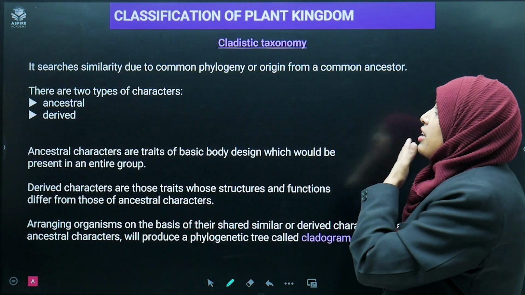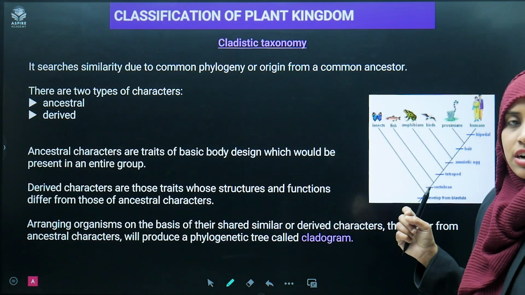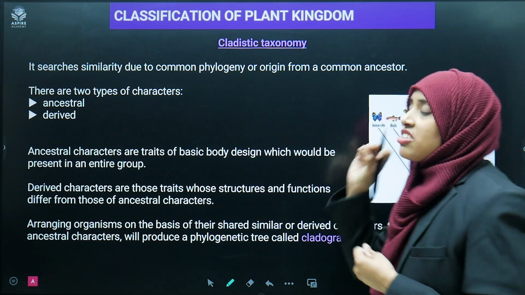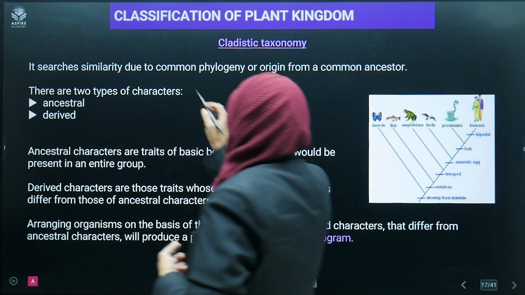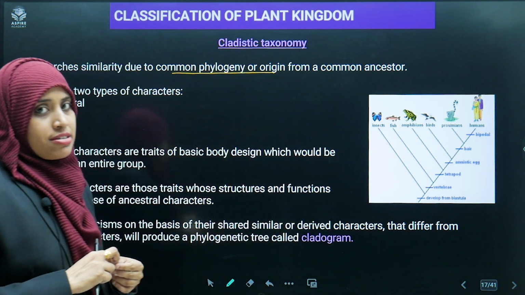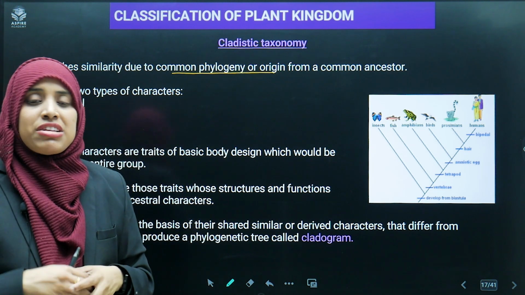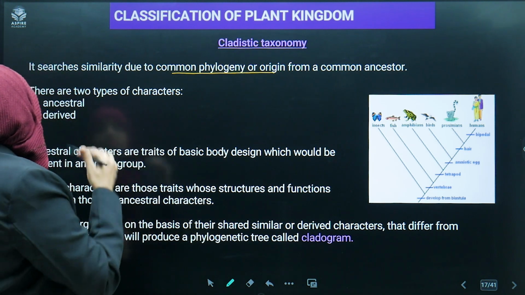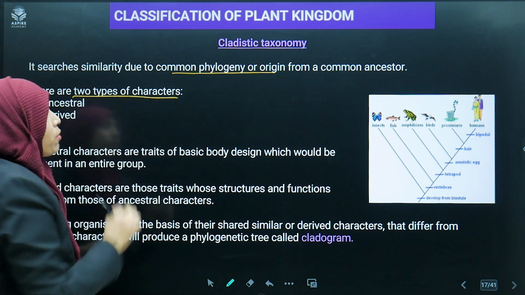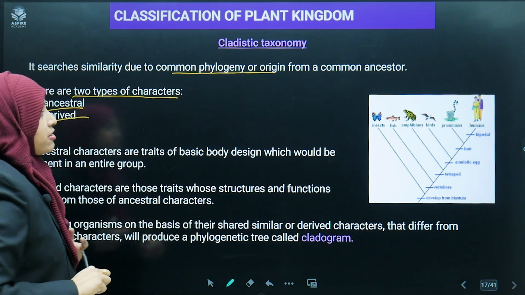Now there is another, that is cladistic taxonomy. So what was done in this cladistic taxonomy? It searches the similarities due to common phylogeny or origin between the common ancestor. In the common ancestor, what are the common phylogeny? That means how they are similar. And two types of characters were looked at, the ancestral and derived characters.